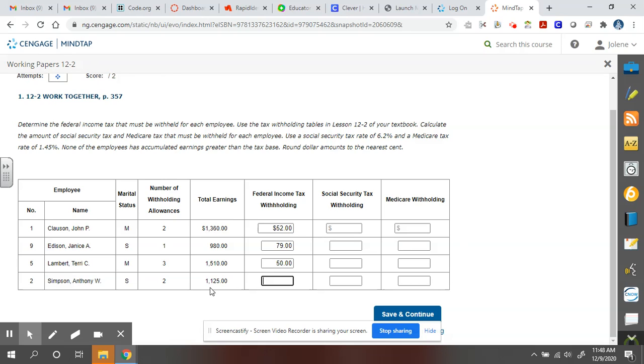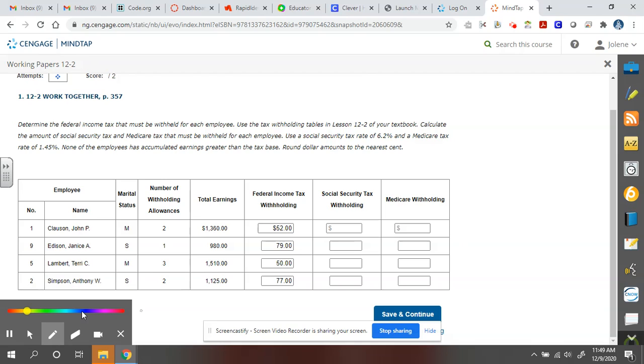And he has 2 deductions. So he has to pay $77. Okay. So I hope you get that.